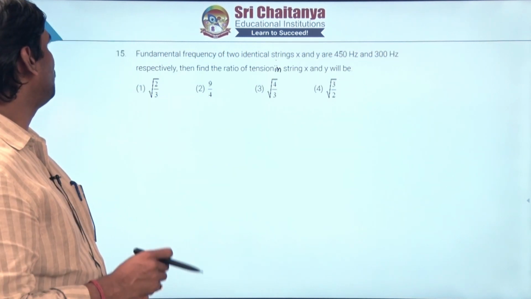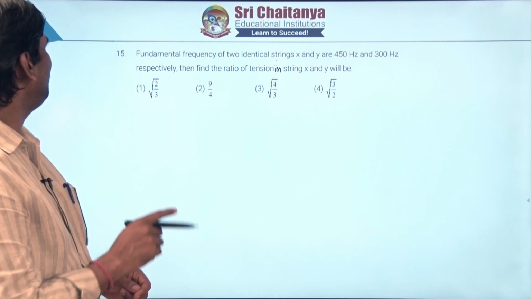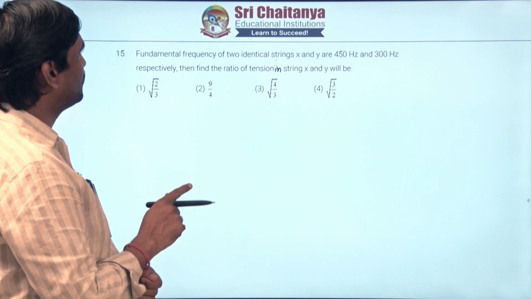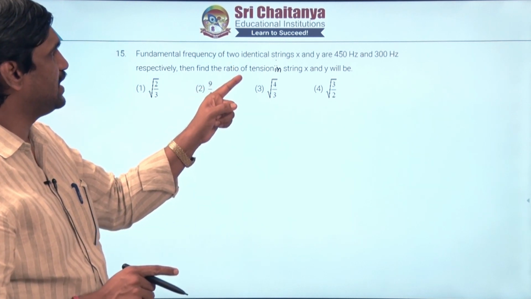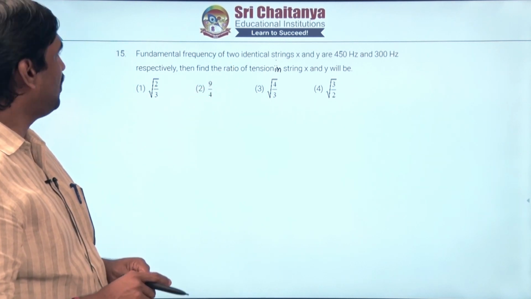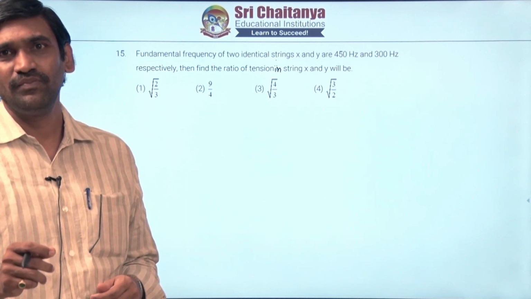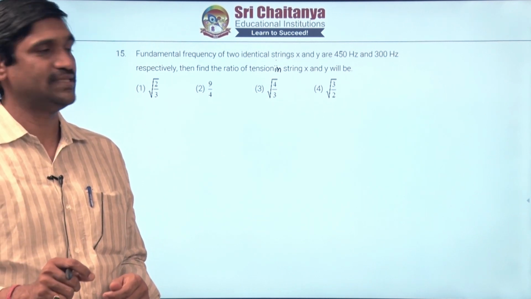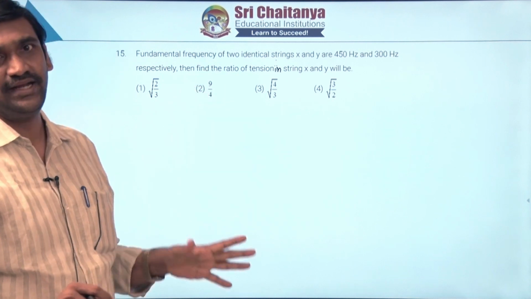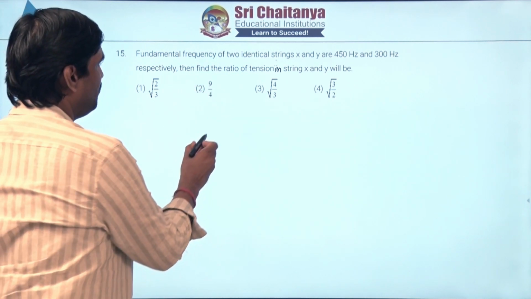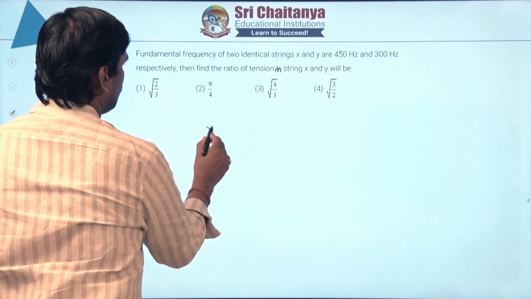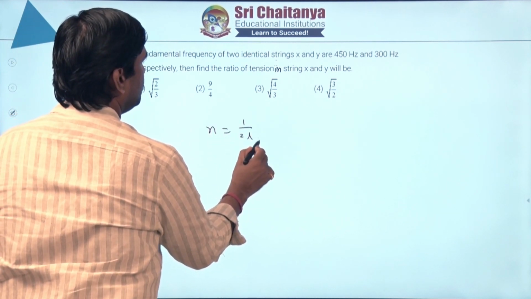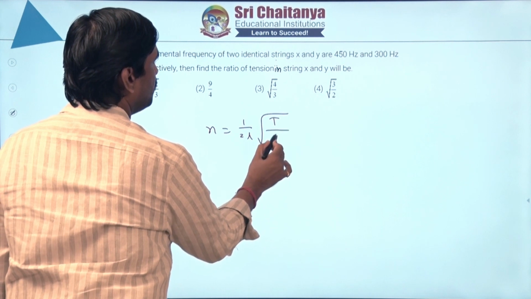Now start question number 15. In question number 15, the fundamental frequencies of two strings X and Y are given as 450 and 300 Hz. Now they are asking what is the ratio of tensions in the two strings, given the two strings are identical. Now the formula for fundamental frequency, n is equal to 1 by 2L square root of T by mu.